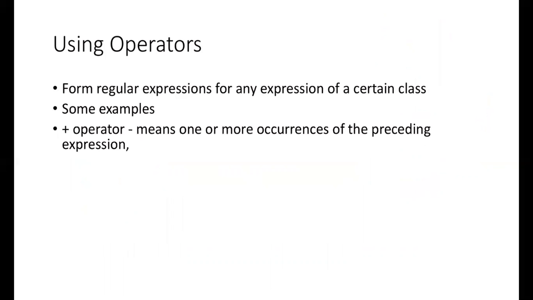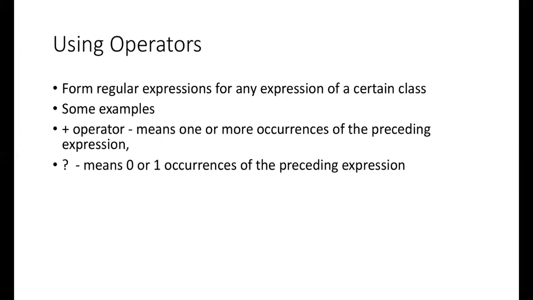Then let's see how we can use operators. You can form regular expressions using the operators, and then all strings that match this regular expression will belong to a certain class. Some examples, like plus. The plus operator means one or more occurrences of the preceding expression.